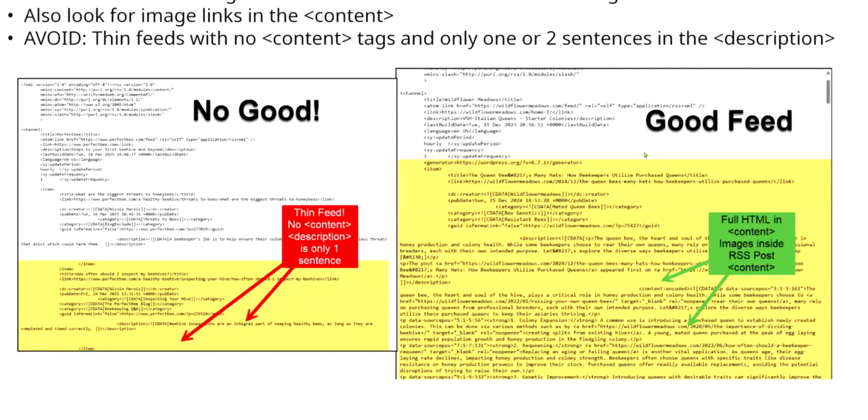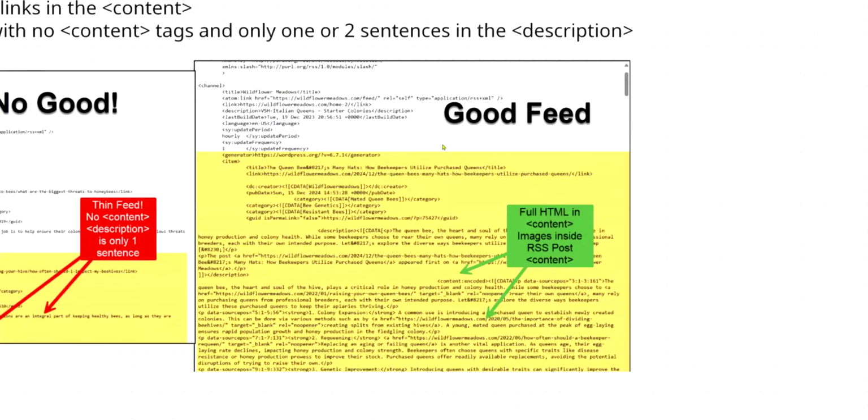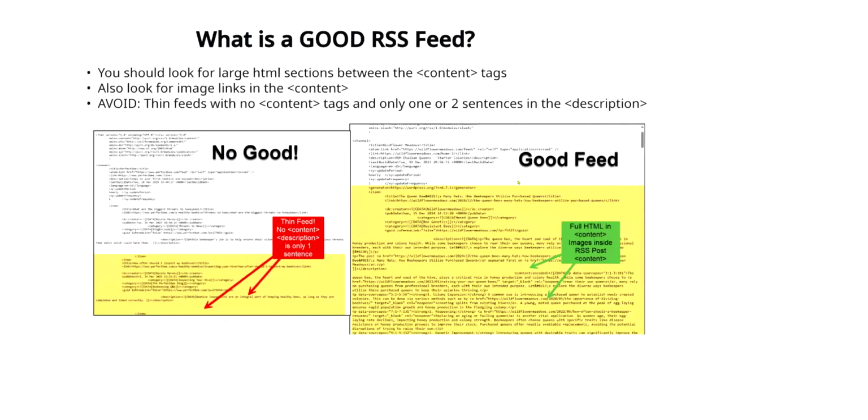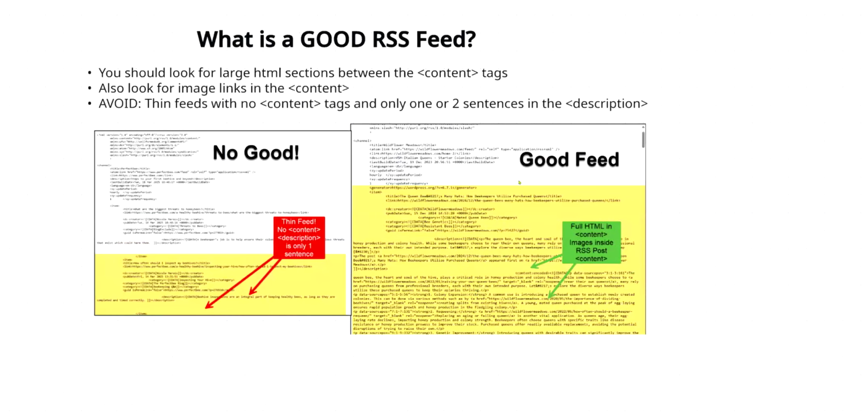And a good feed has full content. Okay, so this is just a review, and it's got images inside of it. If you can learn to look at this, this is 95% of finding good RSS feeds, being able to use this concept right here.